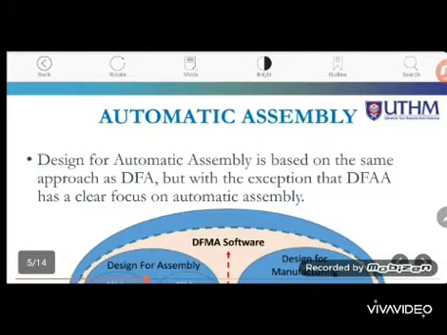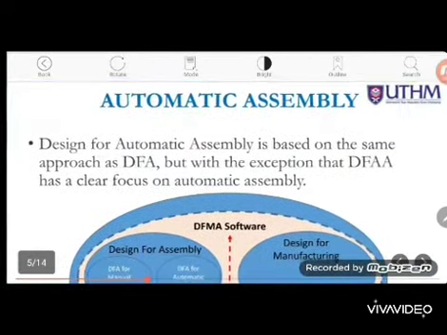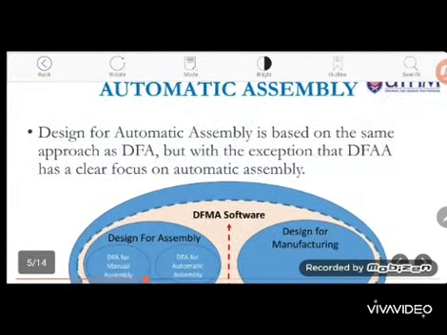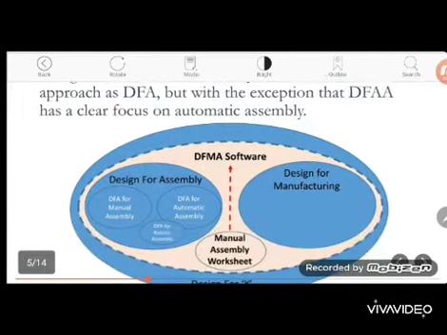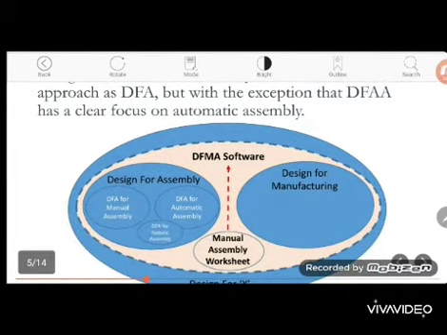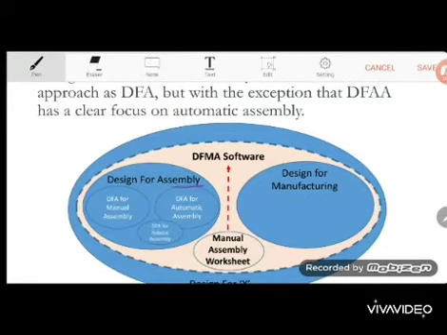Okay, next. This is what I really want you to take note of before you get more confused. Automatic assembly is based on the same approach as DFA. There are 3 that we discussed from the beginning. Every one of these has certain guidelines that are easy to not follow.